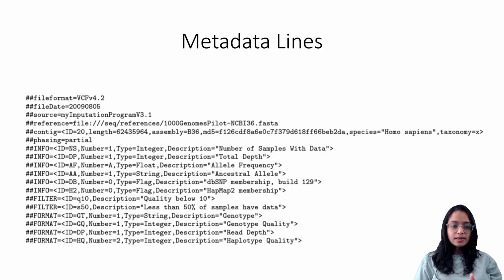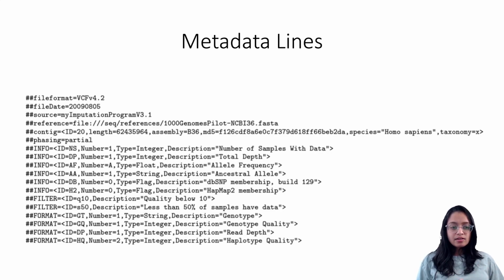You will see all these lines are prefixed with double hash symbols, and the first line here is the file format, which specifies what format this file is. Followed by that, we have various other lines with a bunch of information. And followed by that, we have a section of lines that start with info. We have a few lines starting with filter, and followed by that we have lines that start with format.